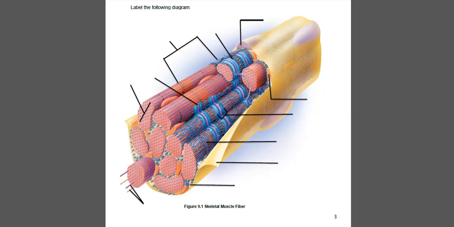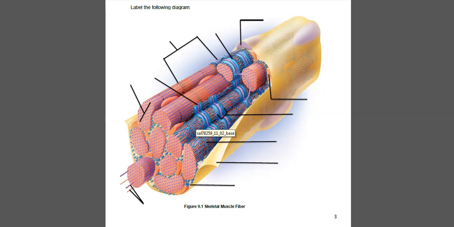In that triad, the purple is a T-tubule, or a transverse tubule. The blue, because we have two of them, this is a terminal cisterna. So that is labeled up here. So we have two terminal cisterna and one T-tubule.